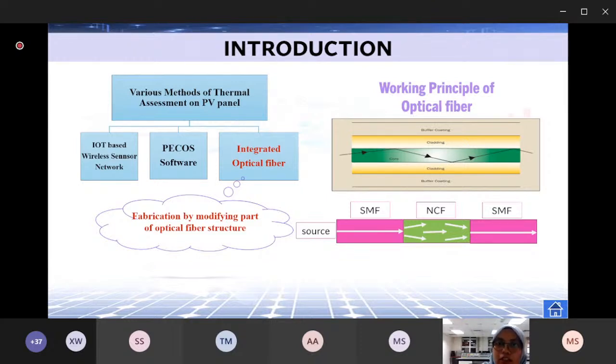On the top right side is the basic total internal reflection, and below in pink is the composed structure for my optical sensor, which is actually just a simple combination of single mode fiber, no core fiber, and single mode fiber.